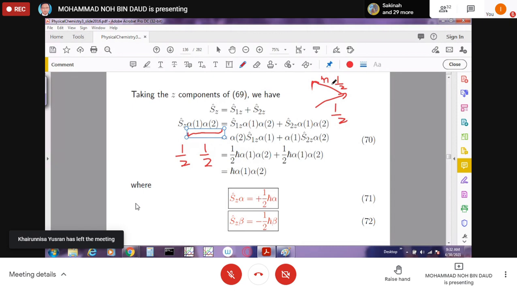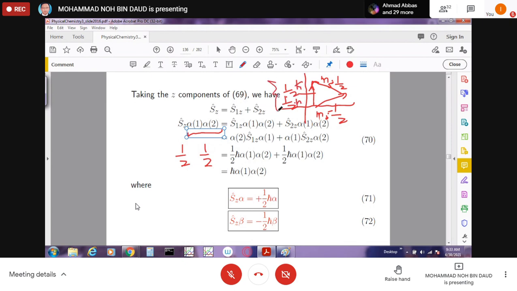The MS. So the total spin here, if you draw the vector diagram, this is half, this is half, H bar. This will give the H bar. Mathematically here it can be proven. So this is H bar.